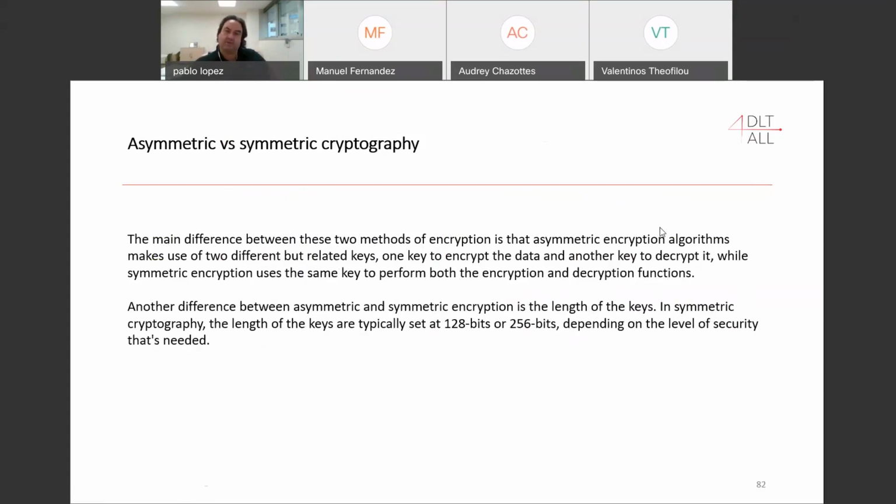This is the one difference. Two keys, public and private, or only one key. And another difference between asymmetric and symmetric encryption is the length. In asymmetric, we use longer keys. The length of the keys is typically set at 128 to 256, depending on the security that we need.